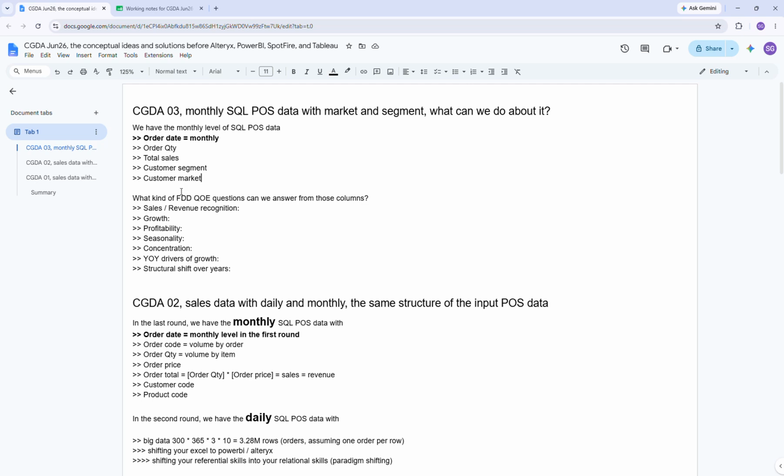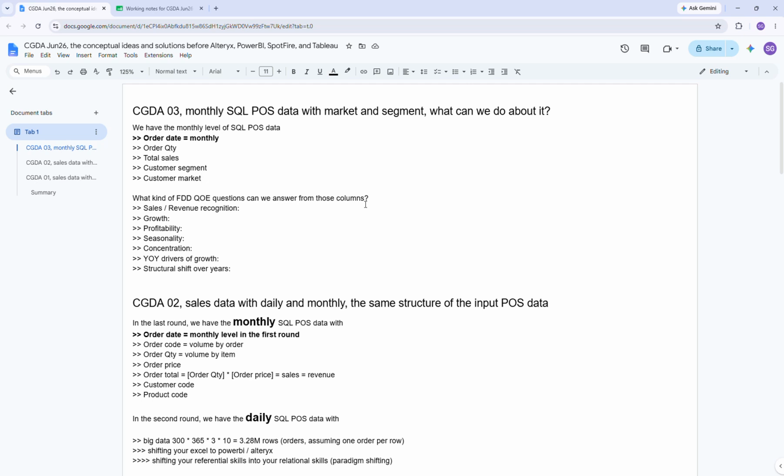So I will make the leadership question, or the question, with more details so that the workers or the helpers in the team can do it for you. So what kind of FDD or QOE questions can we answer from those columns? Okay, so this one also sounds a little bit technical, but it's more detail for you to understand already.